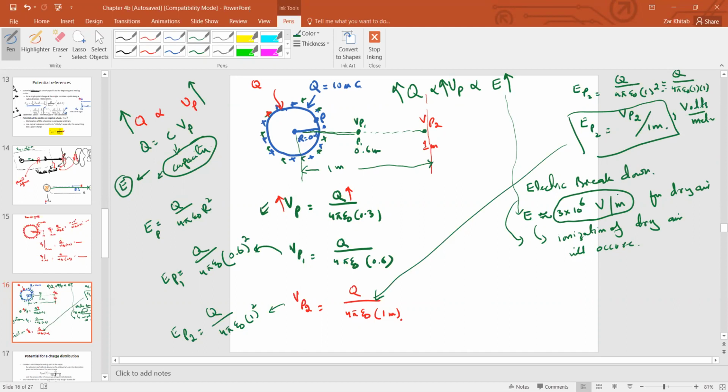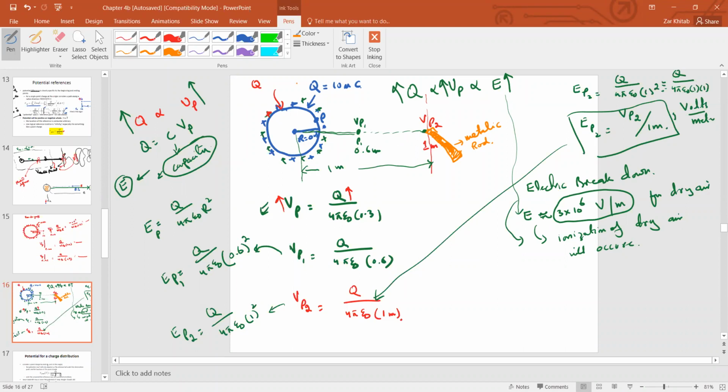Okay, is everything okay? So say this is some kind of metallic rod. What's the distance between the metallic rod and this Van de Graaff? 1 meter.